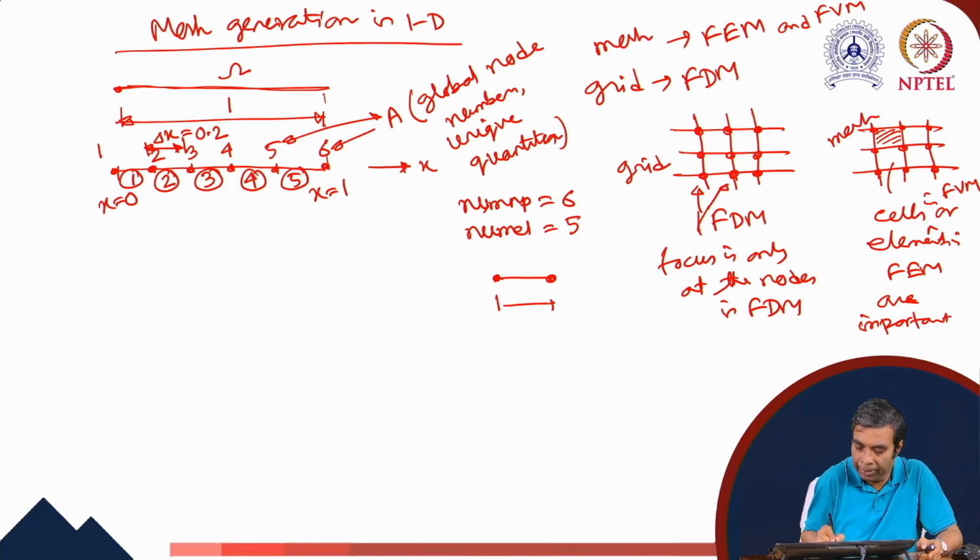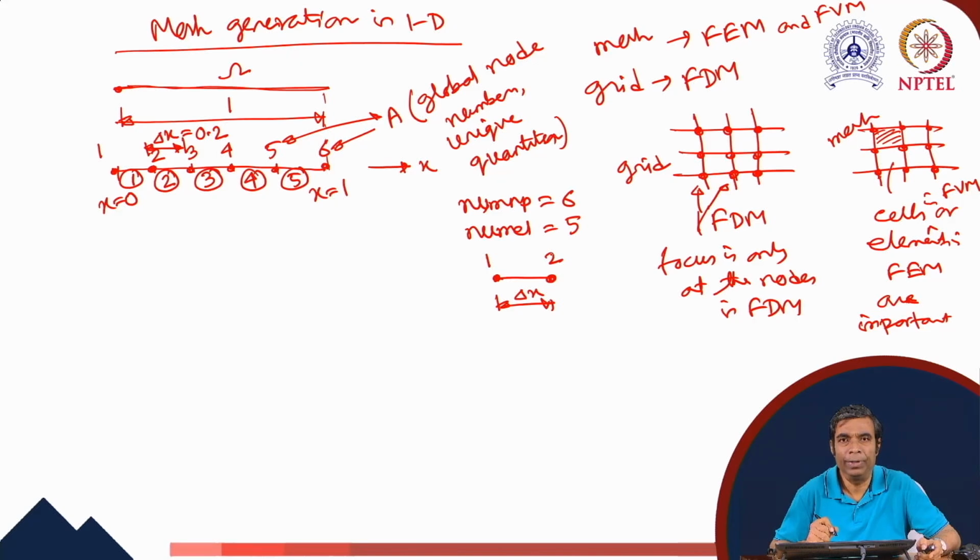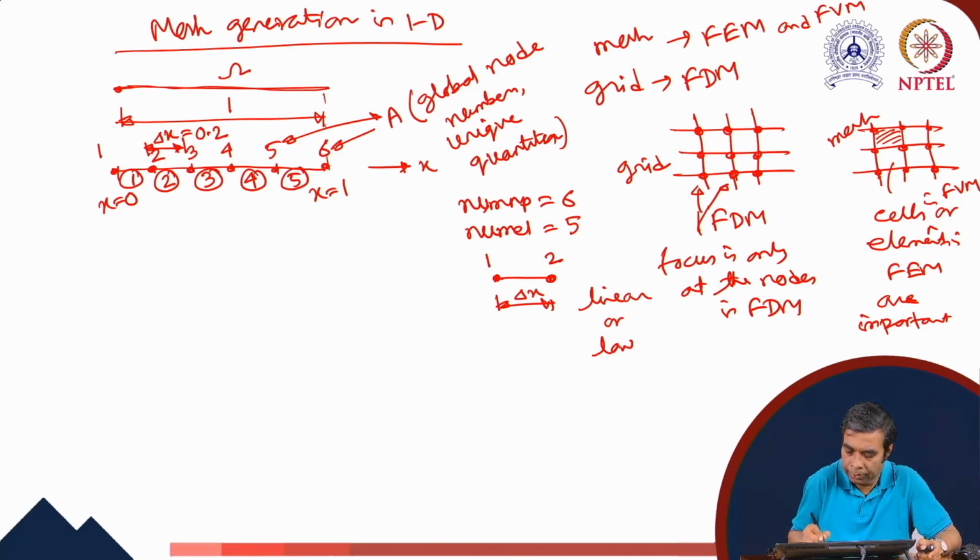This is our mesh size or grid size. This is the simplest possibility of a bar element. This element is known as a bar element with 2 nodes. So we say that this is a linear or 2-noded bar element.